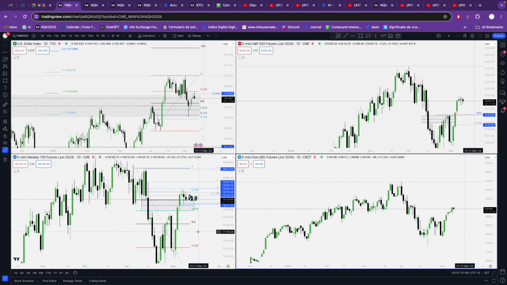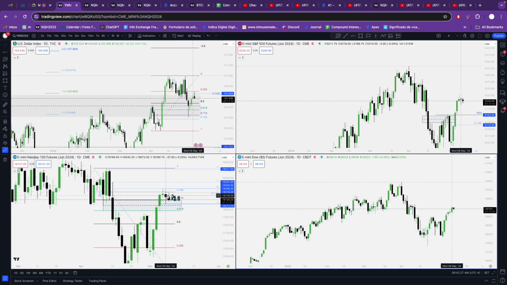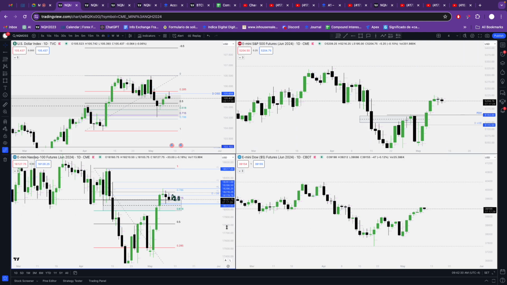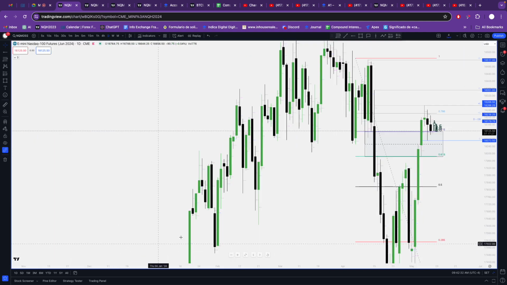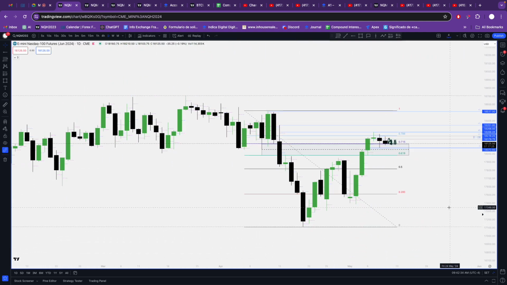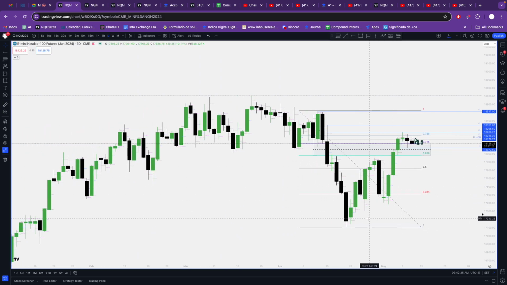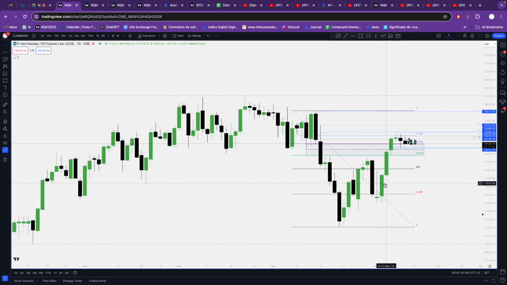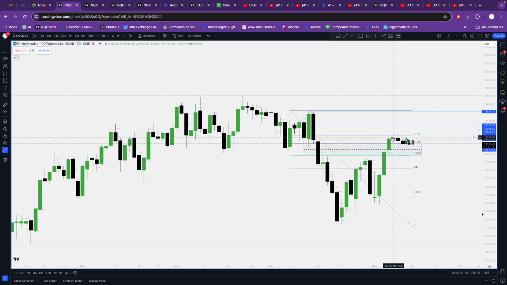We're still in the range. Yeah, this is uptrend. This is a market maker buy model. And I think this might be the last impulsive leg up, if you ask me, because we have stage one, stage two, boom, and now we're consolidating.